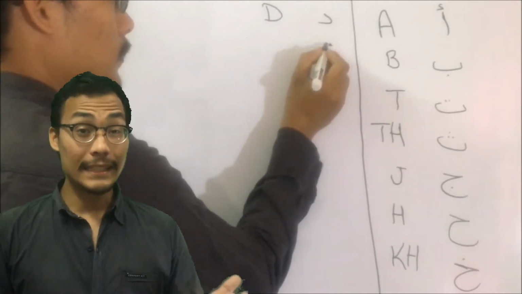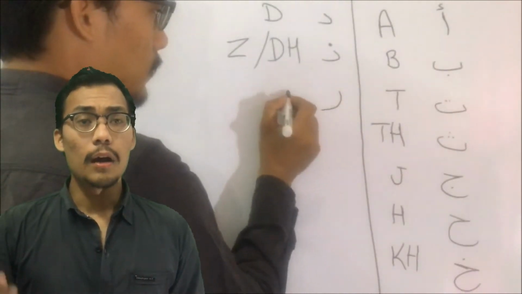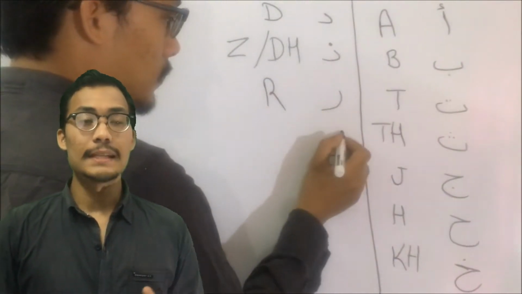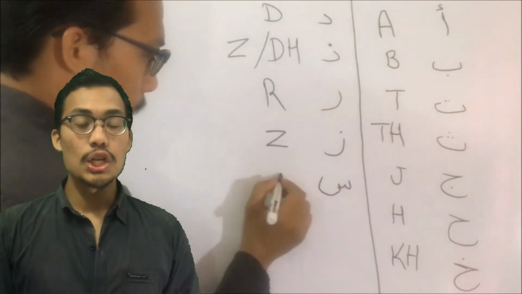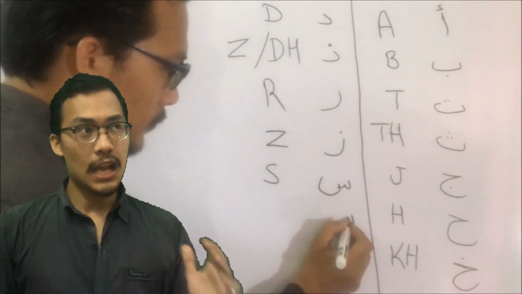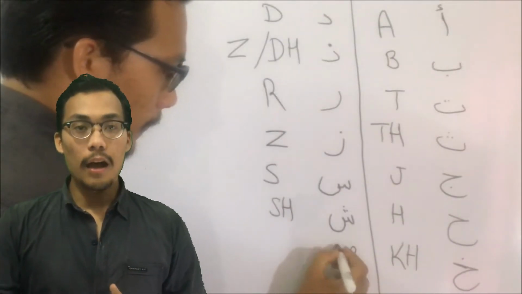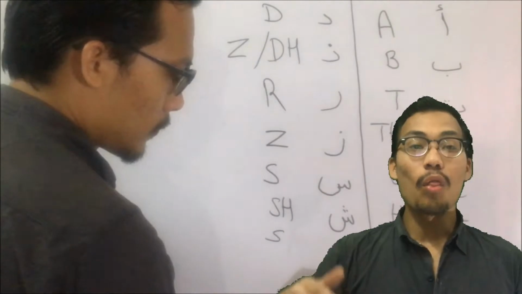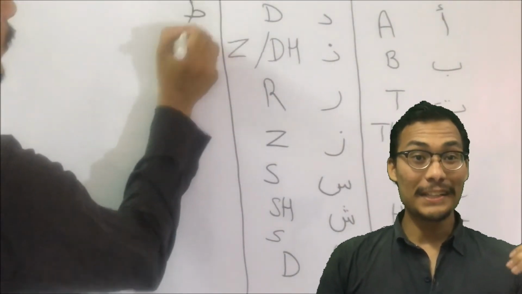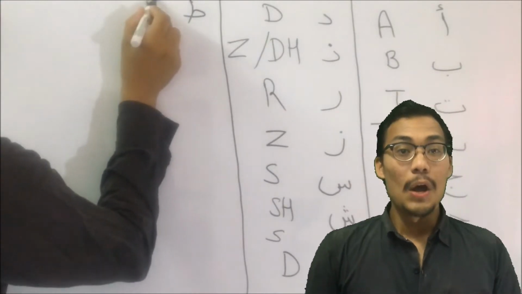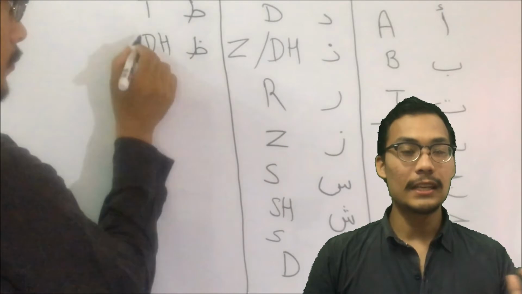Dal, D. Zal, Dh or Z. Ra, R. Za, Z. Sin, S. Shin, Sh. Sad, S. Dad, D. Ta, T. Dha, Dh or Z. It might be similar to that. Ain, again only A, because there is no one equivalent in English.